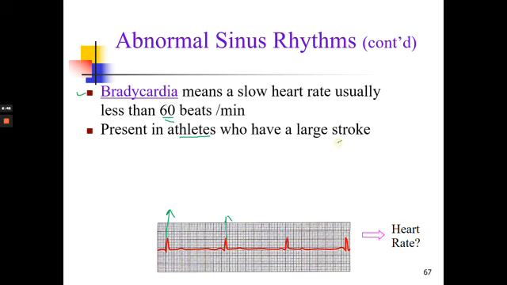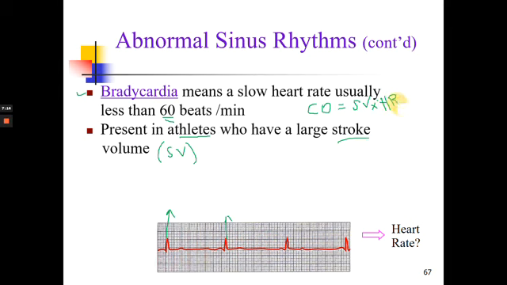Cardiac output equals stroke volume, SV, multiplied by heart rate.